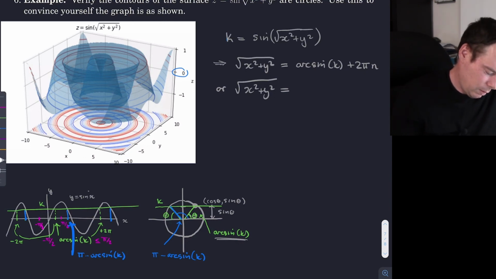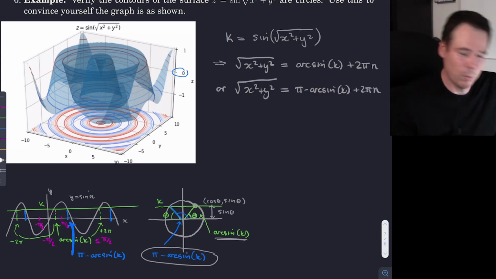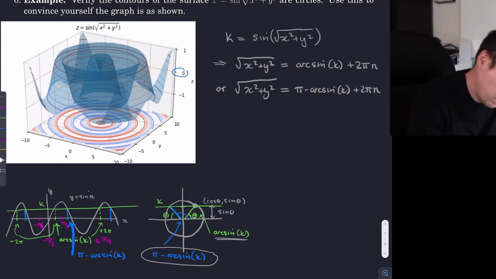This next one is this angle. So pi minus arcsine of k plus 2 pi n, where n can be any integer. And we can rewrite this as 2n plus 1 pi, because there's a pi plus an even multiple of pi, so it should be an odd multiple of pi minus arcsine of k.